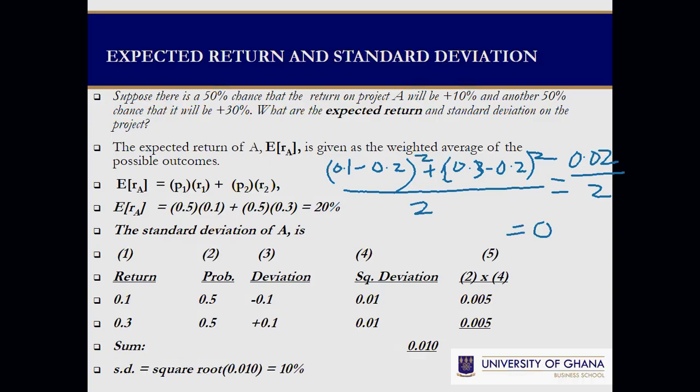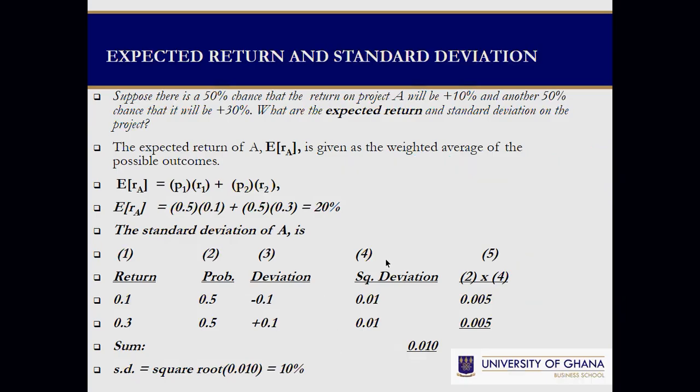And I'm getting 0.01, right? This is the variance. So now if I find the root of the variance, I'm getting 0.1. That is the standard deviation, right? So that's what they did here, but they just use a different approach.